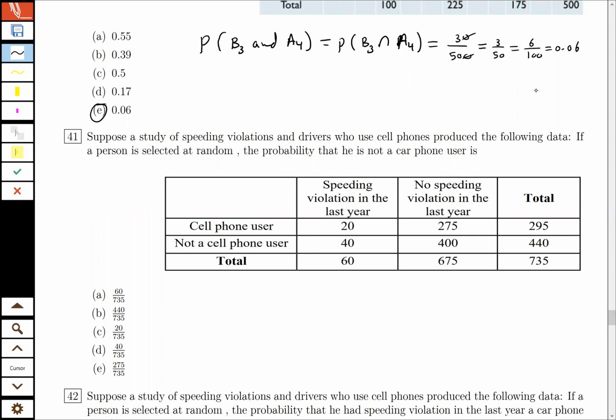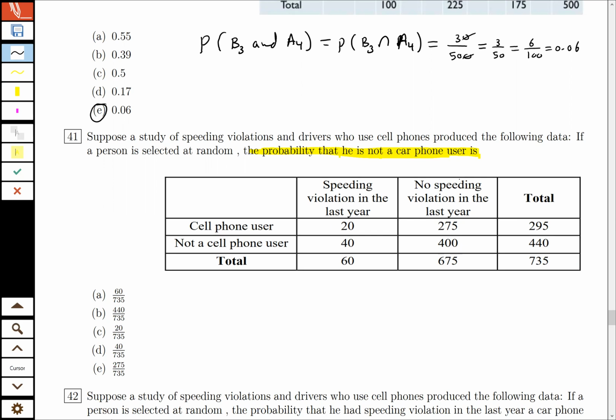Here it says, suppose a study of speeding violations and the drivers who use cell phones produce the following data. Of course, he gave me here a table. Now I need to know what he wants. He wants the probability that he is not a car phone user. Now, let's understand first of all the table, then we will go to the questions.